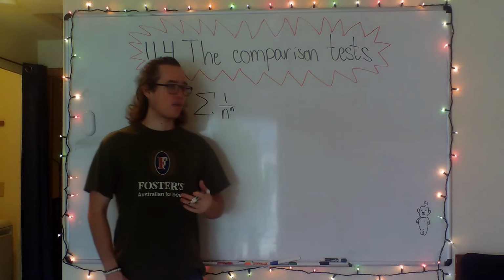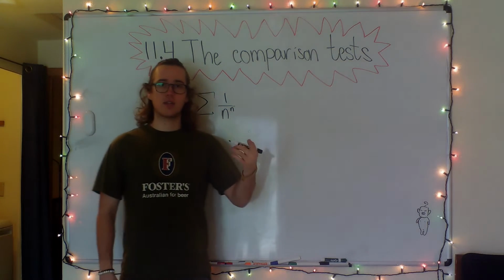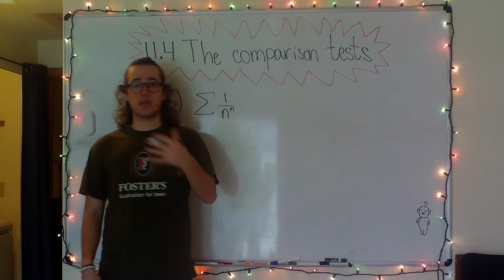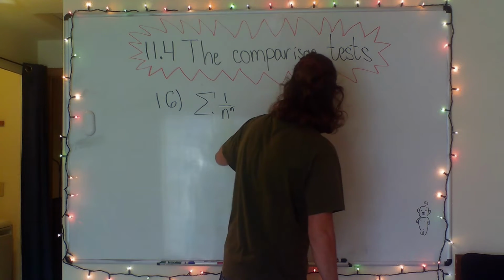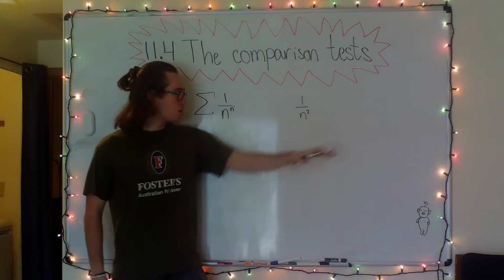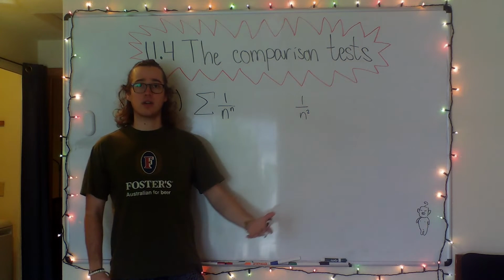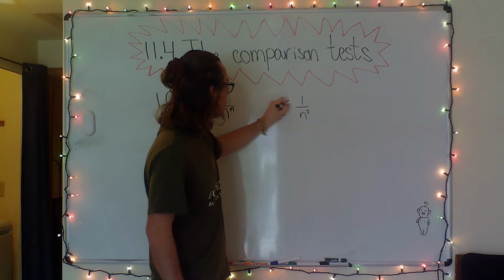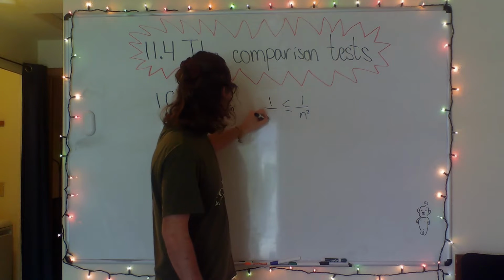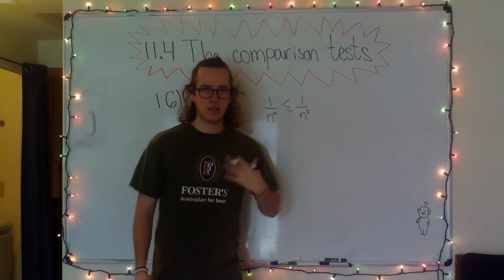And if we do 1 over 3 to the 3, that's going to be less than 1 over 3 squared if we had 1 over n squared. So it turns out that 1 over n squared is greater than or equal to every single term in 1 over n to the n.